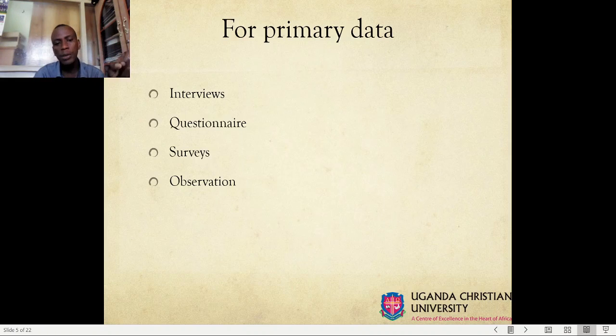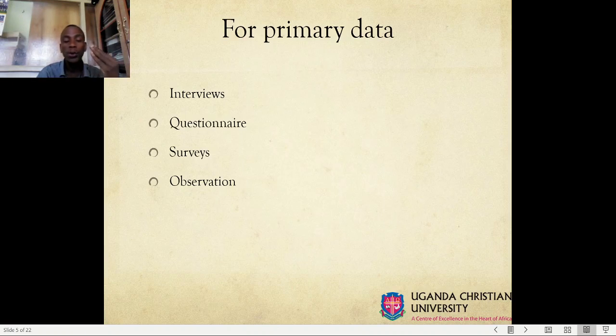If my first objective is to examine the effect of bookkeeping, or to find out the relationship between bookkeeping and performance, then the first section should have questions in line with that objective.